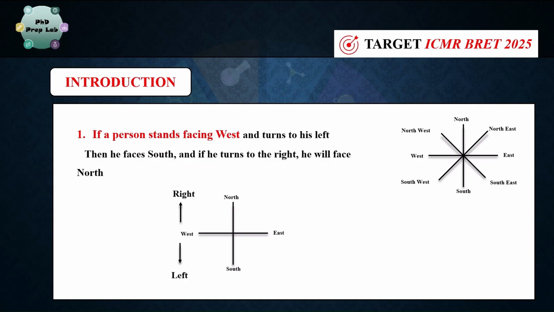Another example: when a person is facing west, the question says X is facing west. When he moves to the right, he'll face north, and when he moves to the left, he'll face south. We have to follow the instructions in the question, mark accordingly, move our pencil accordingly, and we'll be able to find the directions properly. It will be less confusing.